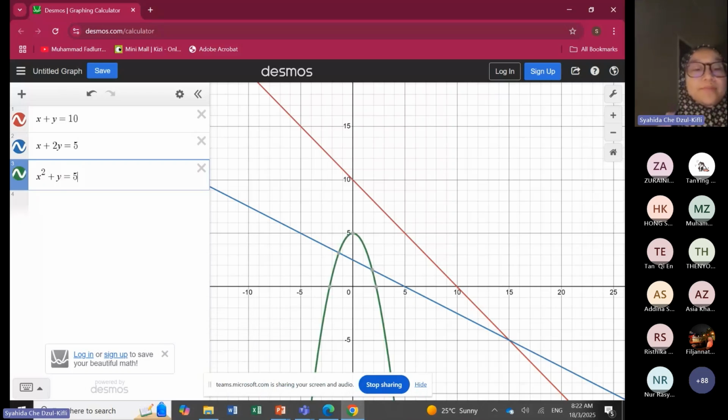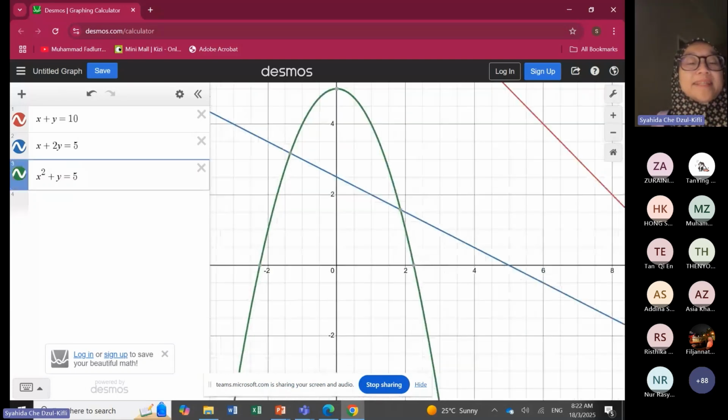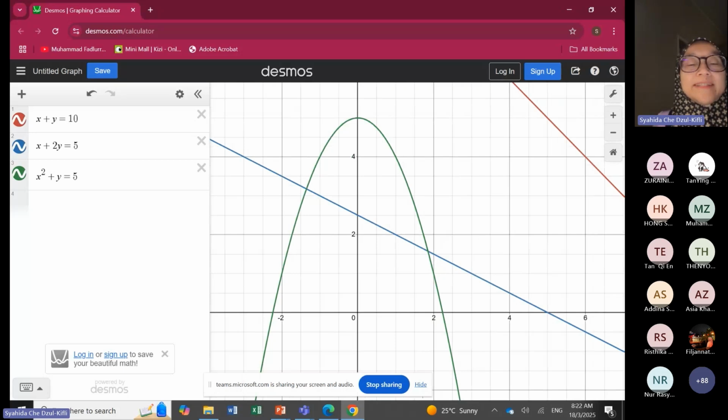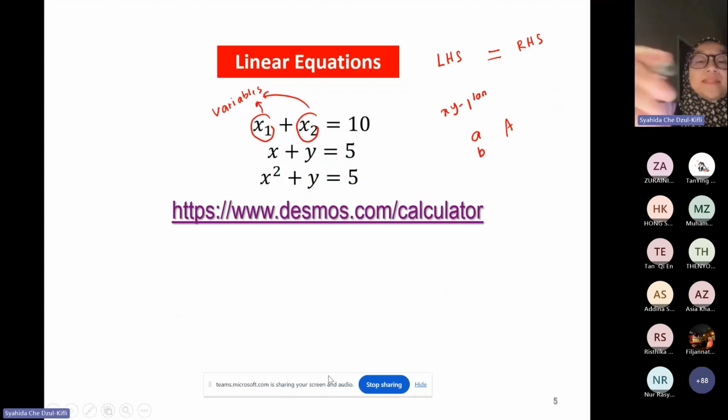The third equation is represented by this green curve. This is not linear, as this is a quadratic function or quadratic graph, right? So from the graph, we have seen that the first and the second equations are linear, but not the third one. So this is linear, but this is not linear.